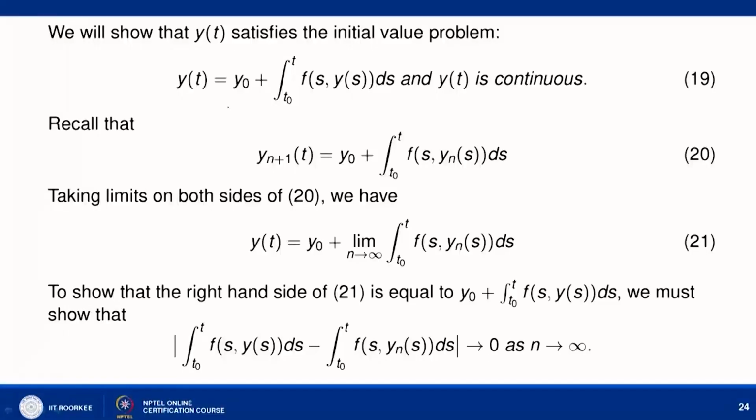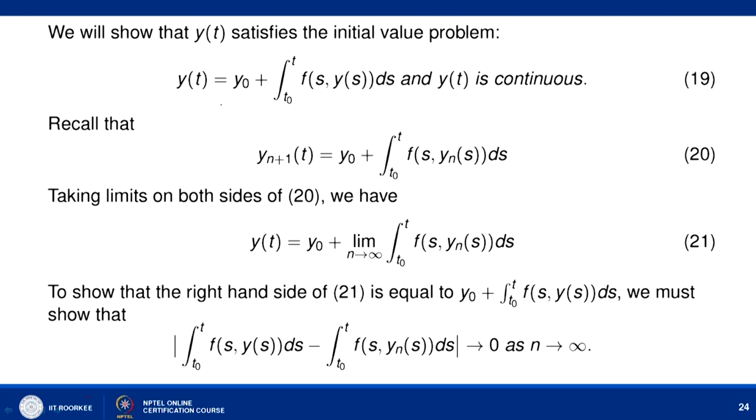It means that it satisfies the equation y(t) = y_0 + the integral from t_0 to t of f(s, y(s)) ds, and we also want to show that this y(t) is continuous. By showing that y(t) is a solution of the integral equation, it means that y(t) satisfies the initial value problem as well.